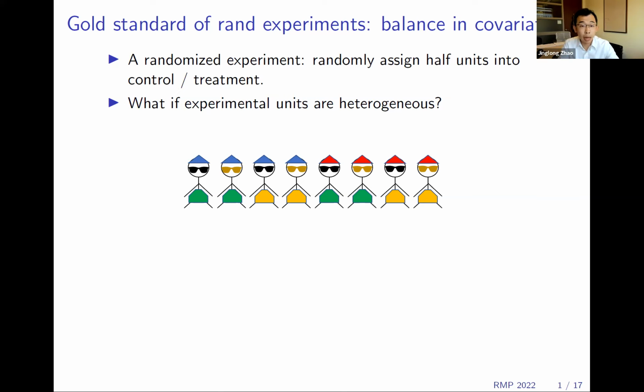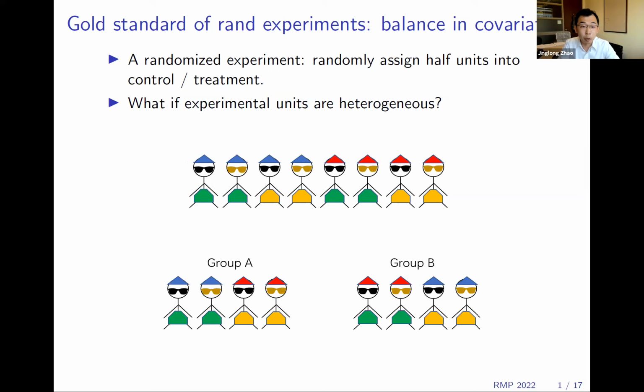What do we mean by saying a balance? Here is an example. If we carefully select 4 of the users into the treatment such that exactly 2 of them wear a red hat and exactly 2 of them wear a blue hat, then this is what we call a balance in their covariates.